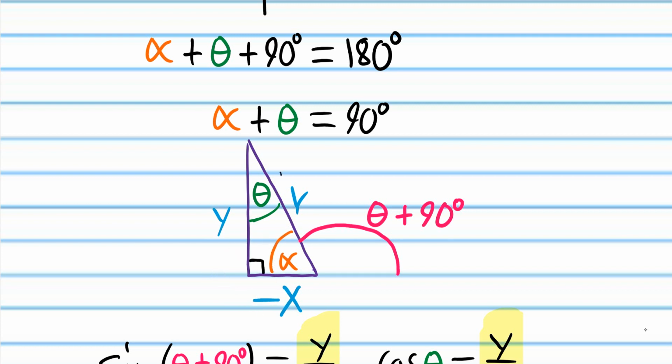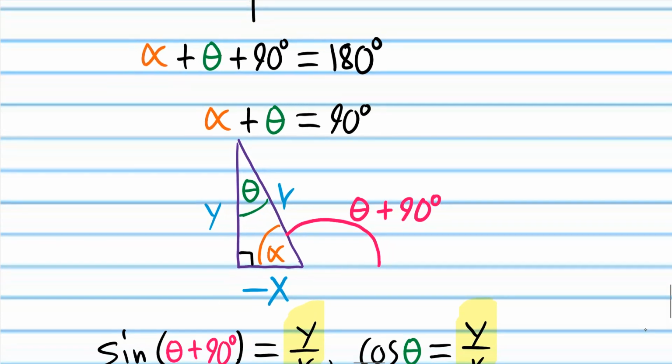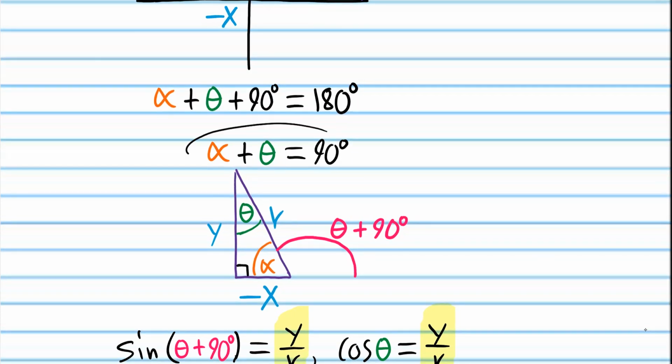So what that means is that these two angles must add up to 90 degrees, because, again, the sum must be 180. So when you subtract this right angle from 180, you're left with a total of 90 degrees left for these two remaining angles, which means they must add up to 90 degrees.